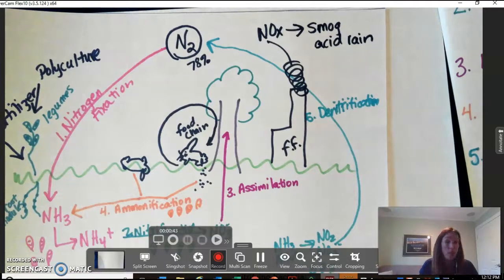So that's another big human impact that we have on the nitrogen cycle. So our biggest ones are fertilizer, which leads to runoff and eutrophication, as well as the fossil fuel burning that leads to smog and acid rain. So those are our biggest connections that we can make, and we'll talk a little bit more about this in our face-to-face.